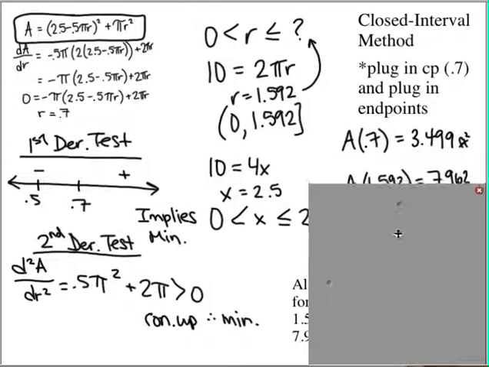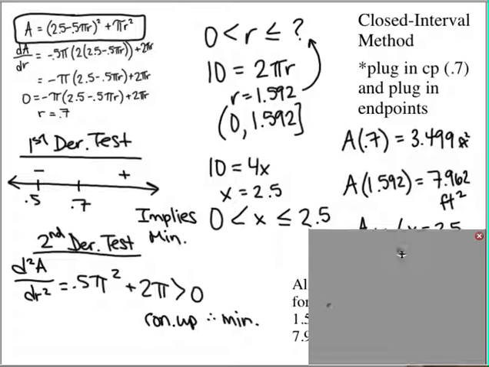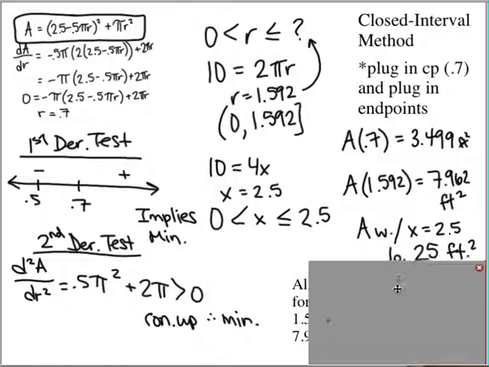When I plug in the radius of 1.592, I get 7.962 square feet. Now plug in an x value of 2.5. I get an area of 6.25 square feet. According to the extreme value method, also known as the closed interval method, my absolute maximum occurs when my radius is 1.592, not when it is 0.7.